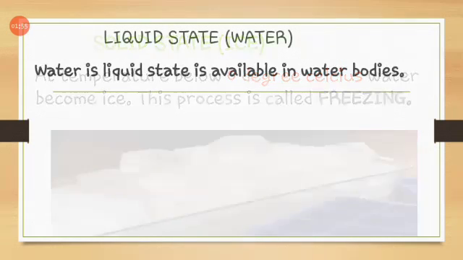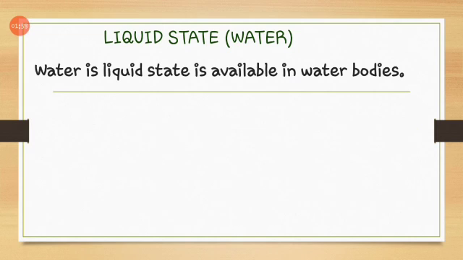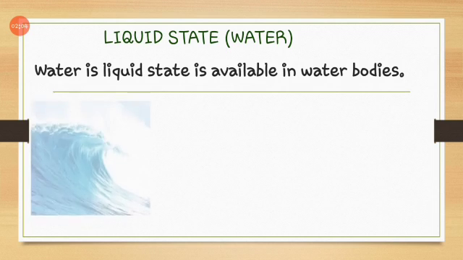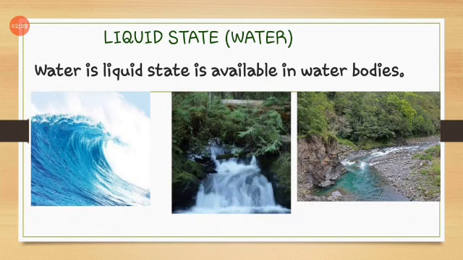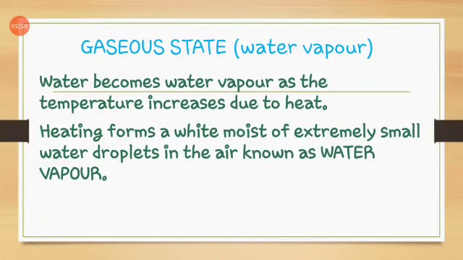Next, liquid state, water. Water in liquid state is available in water bodies like ocean, river and waterfalls. Gaseous state, water vapor. Water becomes water vapor as the temperature increases due to heat.